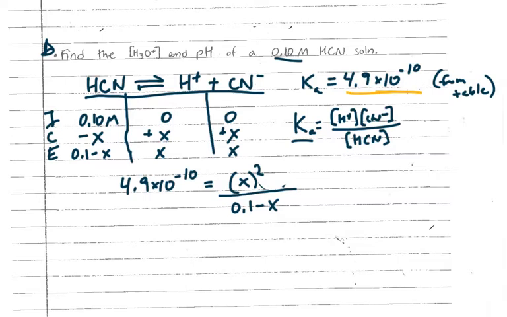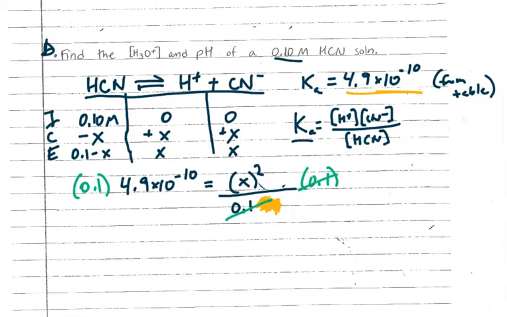Since this Ka is so small, we're going to say that this X is negligible, that when we do 0.1 minus X, it's still just going to be 0.1, that the X we're subtracting is negligible. So now I'm going to solve this. First, I'm going to multiply both sides by 0.1.